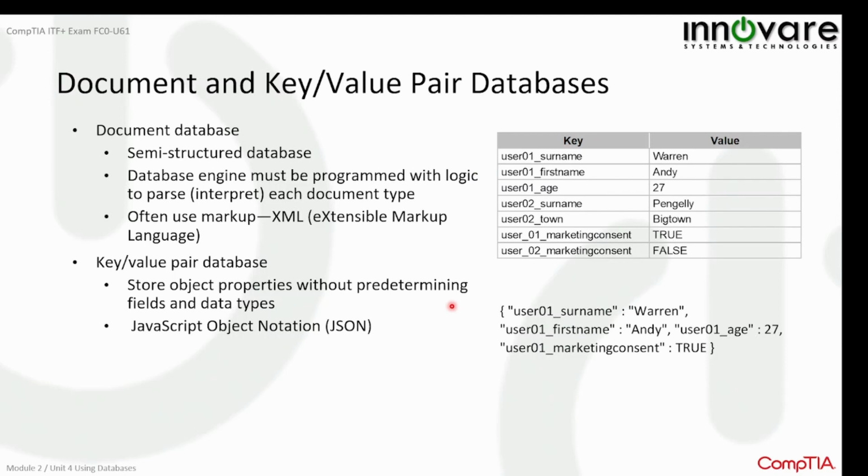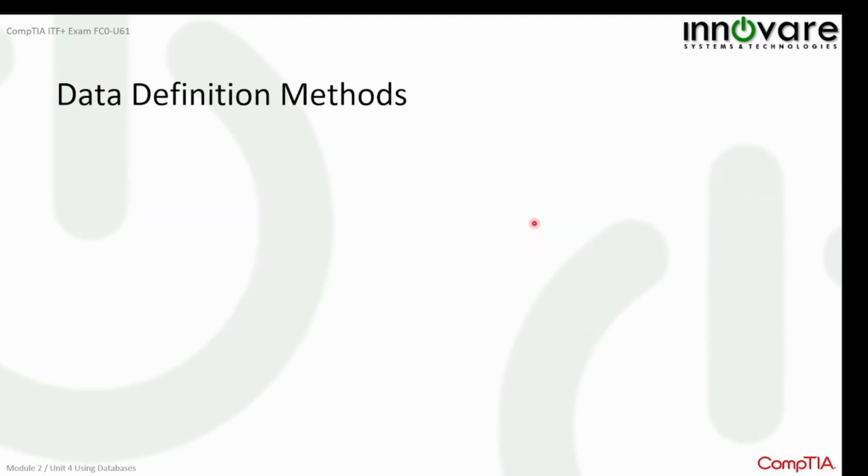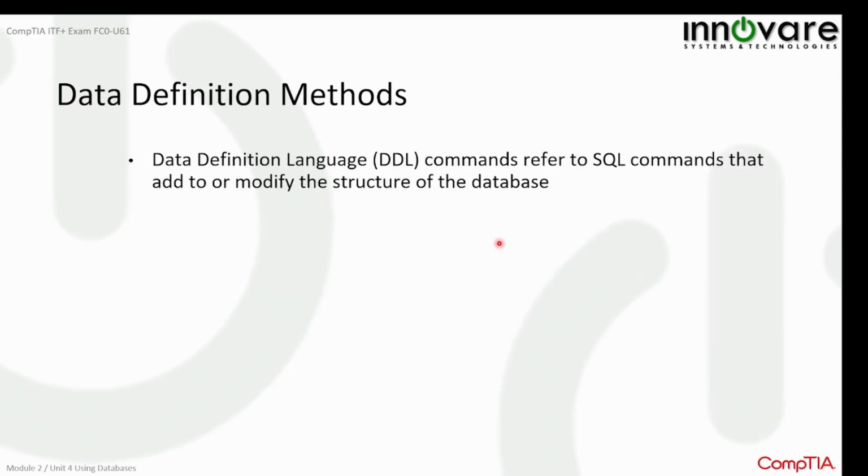Non-relational as well. It doesn't use the SQL language. So to define data, there are methods in databases. This is called data definition language. This contains commands like SQL commands, whether to create, to add, or to modify existing data, or to create a new data structure for the database.